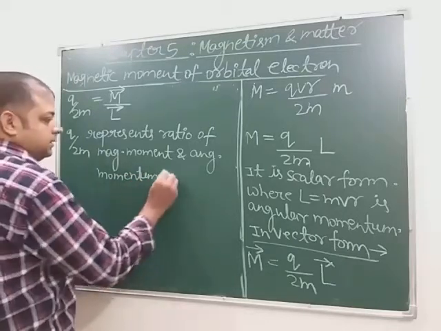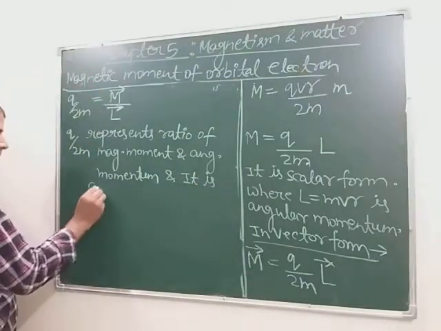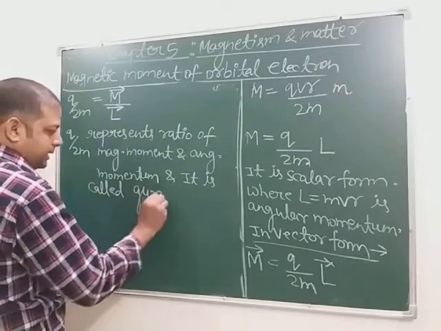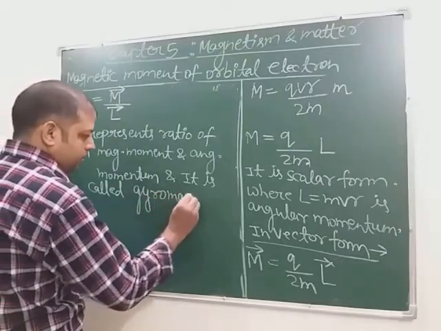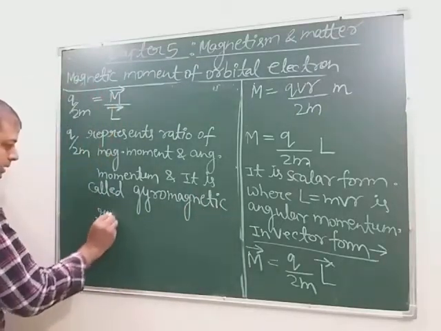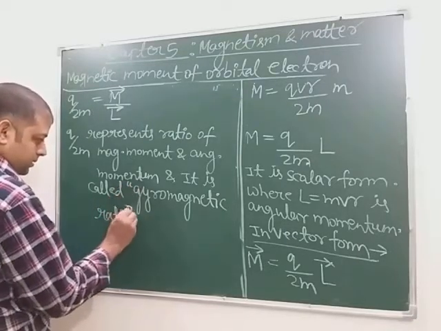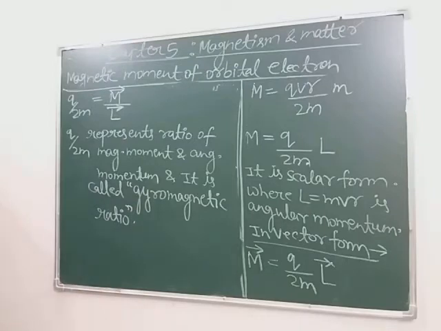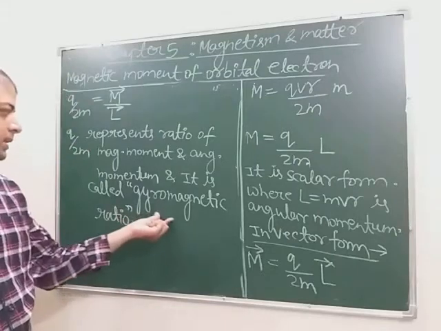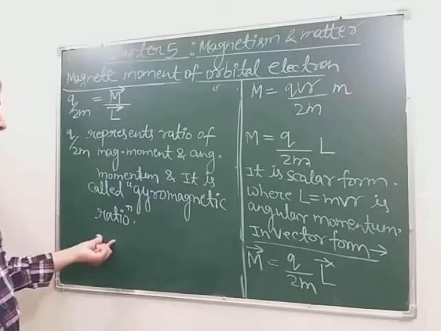And it is called gyromagnetic ratio. Some teachers or students pronounce it one way, and the correct pronunciation is gyromagnetic ratio.